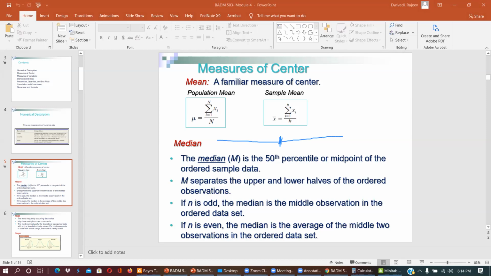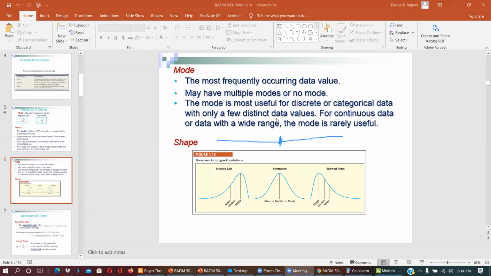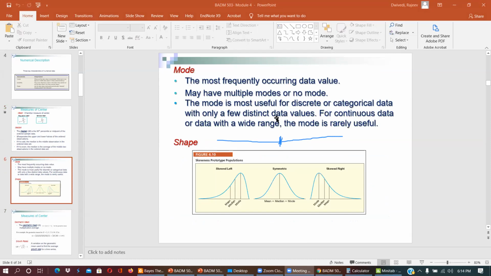We already learned what the median is. And then mode. Mode is the most occurring data value, or the most frequently occurring value. So mode we have already studied.